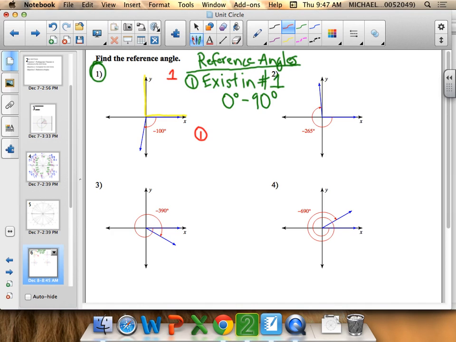I need to get any given angle, which in this case they gave me -100, and they went clockwise, which means they're moving in the negative direction. We tend to use counterclockwise to do positive. I need to get that in between 0 degrees and 360.